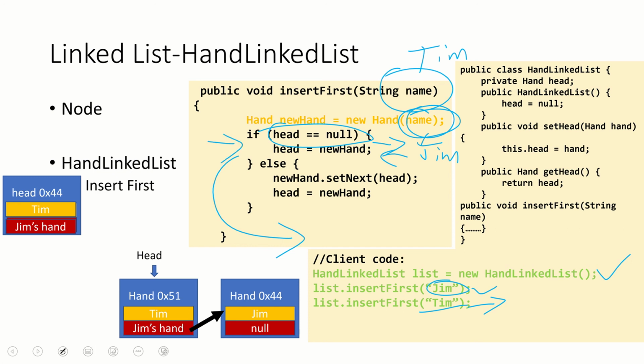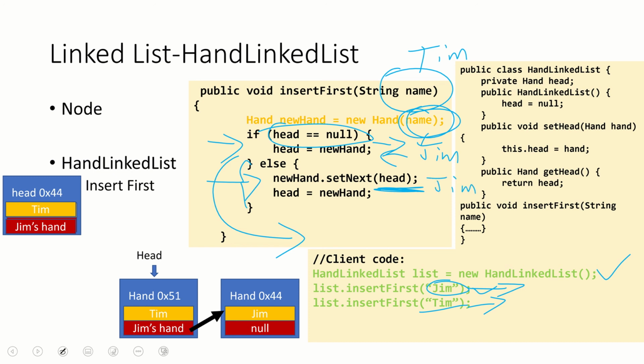And we check the head. At this point, we know Jim is the head, right? Which means we need to go to the else statement. In the else statement, we need to make sure the new hand, which is Tim, points to the current head, which is Jim.